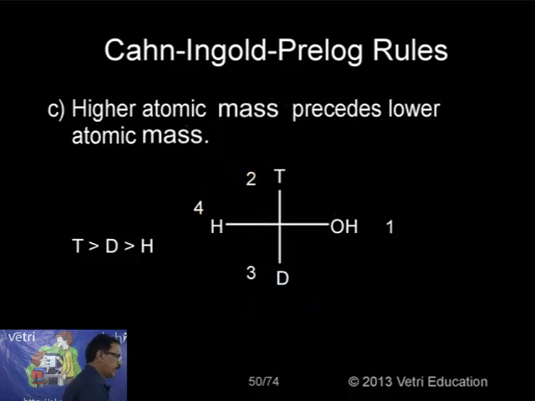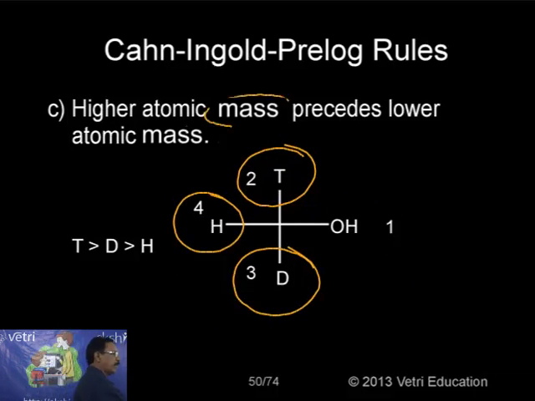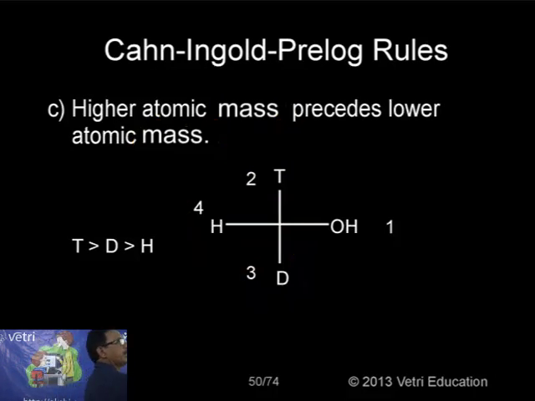So tritium takes priority and gets number 2, deuterium takes the next priority, 3, and the lowest is hydrogen. That means higher atomic mass precedes lower atomic mass. This is most important. Whenever the same atom is present with the same atomic number, we have to come back to the mass number and give priority. The next one.